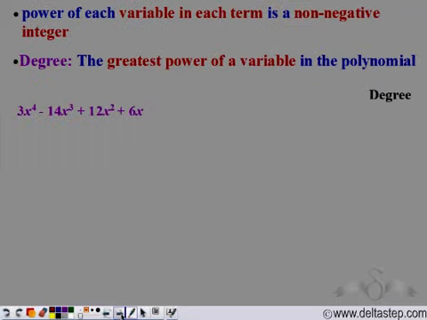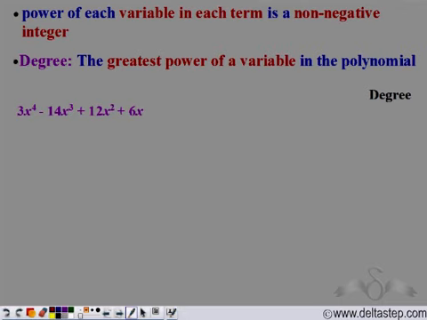Let us try and understand it with the help of some examples. First, we need to check whether this is a polynomial or not, and if it is a polynomial, we will calculate the degree of this polynomial. So, a polynomial is an expression in which the power of each variable in each term is a non-negative integer.